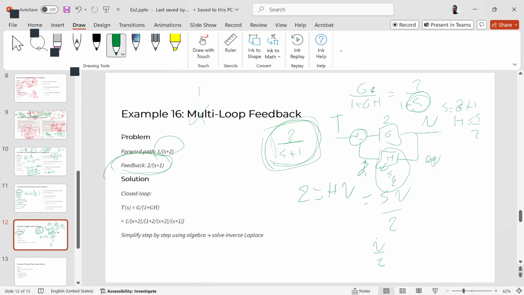If inside this block diagram we have an inner feedback, the inside should have a forward pass and a feedback pass, and the formula for that is G over 1 plus GH. This is the general formula. So it's going to be 2 over 1 plus S. Are we good? So G is 2 and GH is S. So you can find G and you can find H. And now you know what's exactly happening inside that general feedback block diagram. And you can do the same for the forward pass.